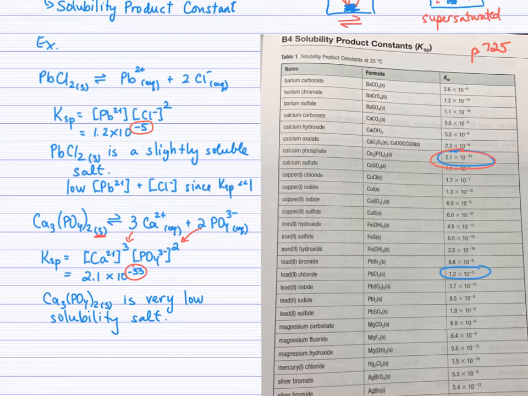So definitely less soluble than the lead 2 chloride. So neither of them are very soluble. They'll both form precipitates quite readily, but the calcium phosphate is even less soluble than the lead 2 chloride. And so we've interpreted the magnitude of K to compare the solubilities of these two salts.